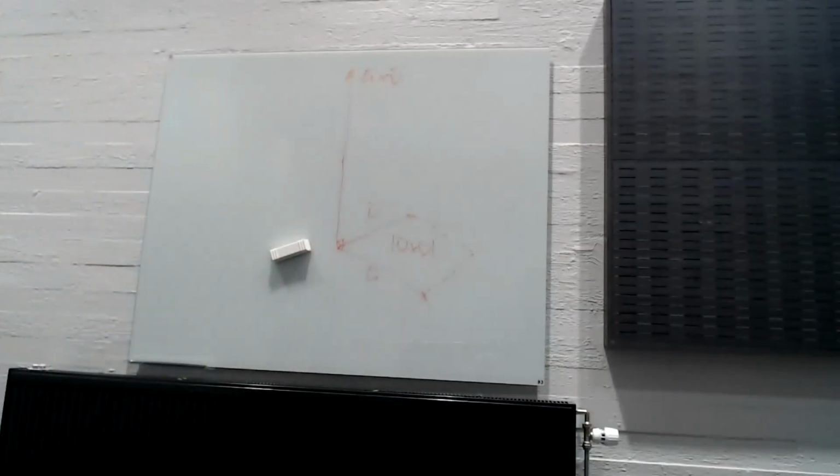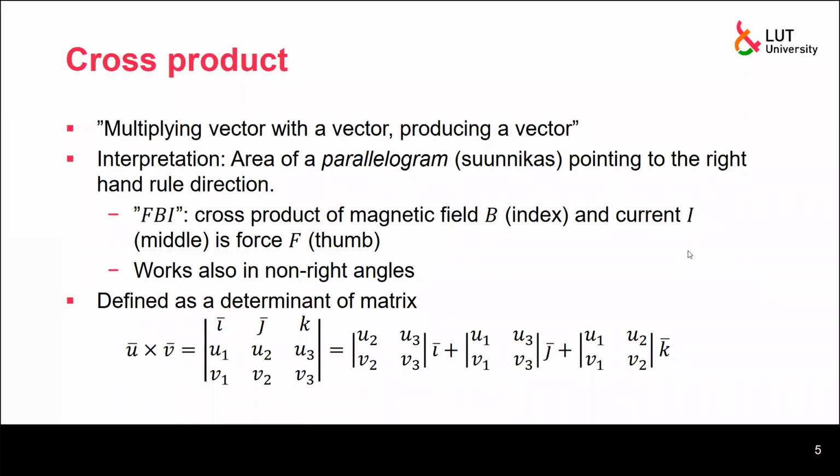And one application we had on the demos, which I want to maybe do in a bit more proper way, is showing that that is useful for normals. And we had the FBI rule.